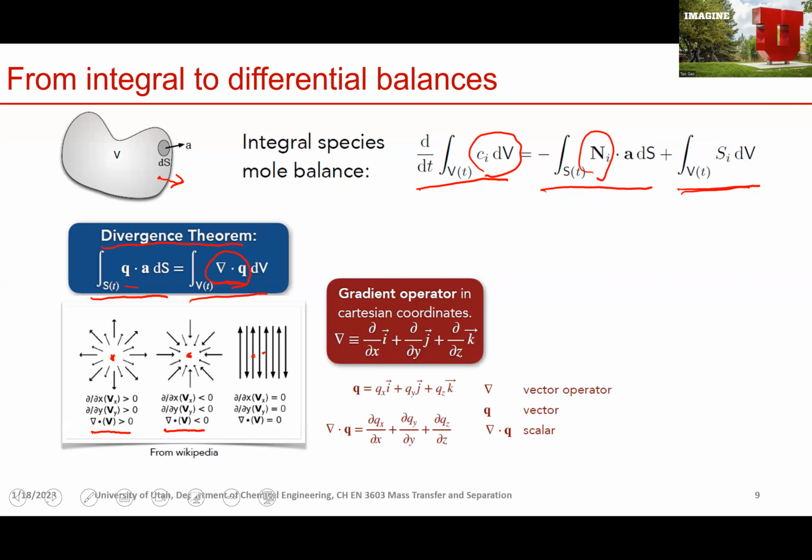So mathematically, this is the divergence operator, or it's also called the gradient operator, right? So this is the operator. It does not have a very physical meaning unless you apply this operator to a vector or to a scalar.